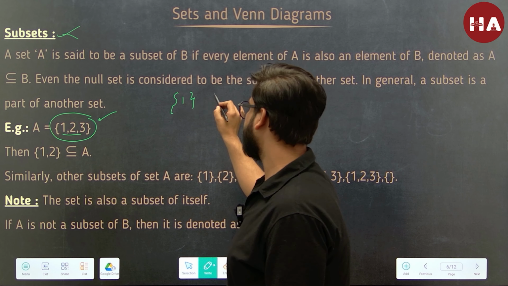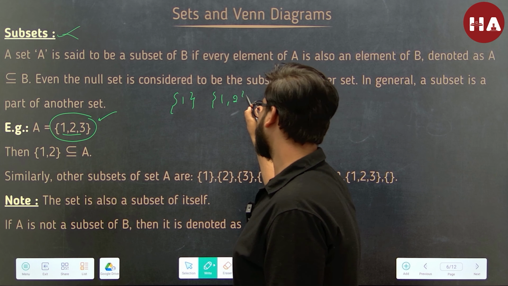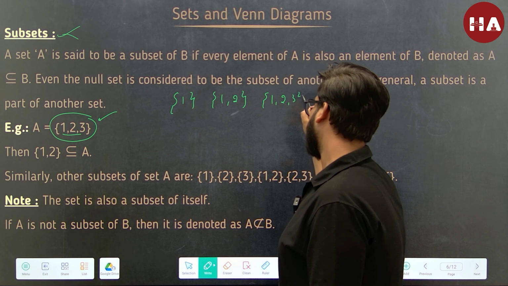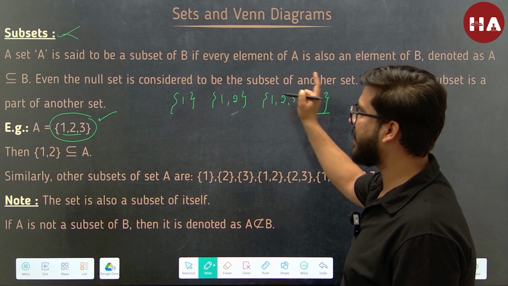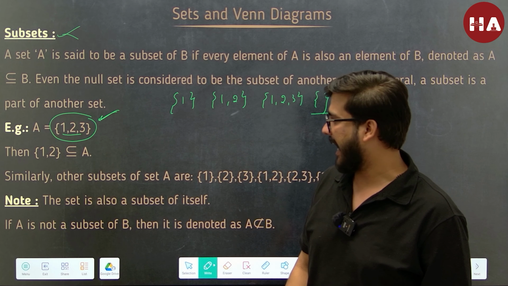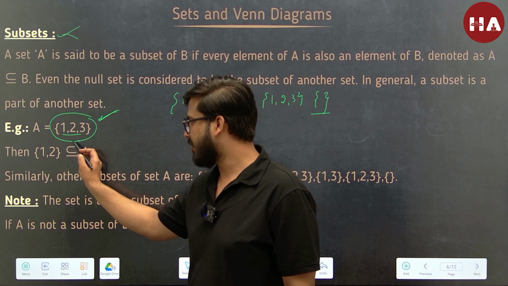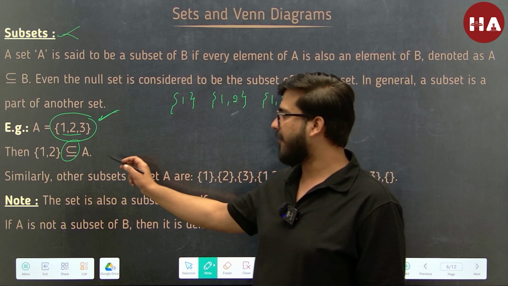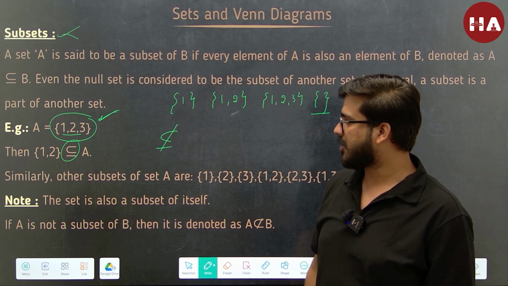Subsets will be {1}, {1, 2}, {1, 2, 3}, and an empty subset. The empty set, my apologies, the empty subset will also be comprised in this set A. Okay, so this is denoted by this symbol, as you can note it down. If it is not a subset, then you put a slash sign on this belongs-to sign.